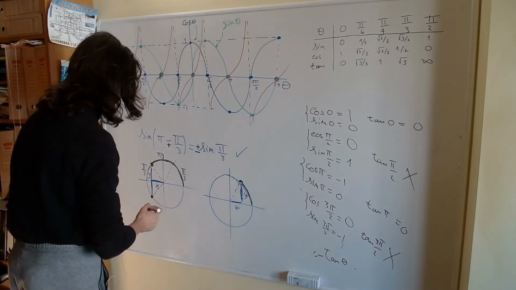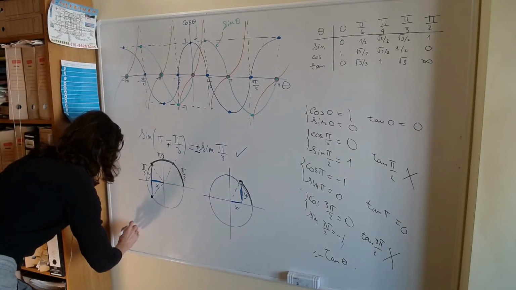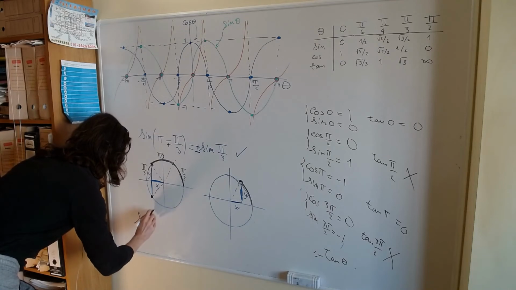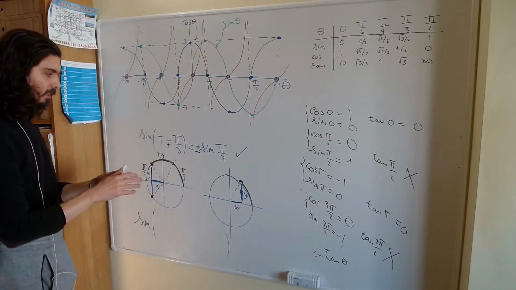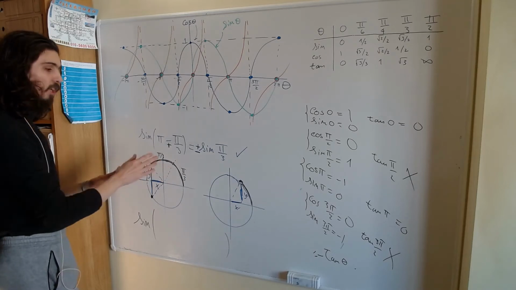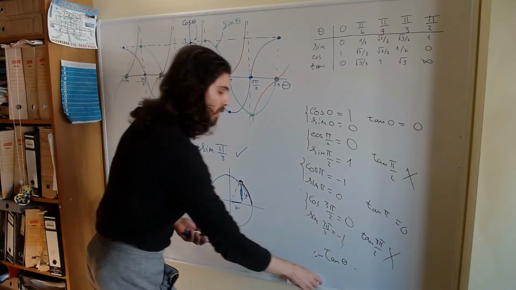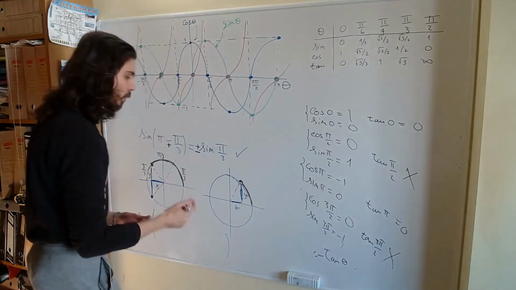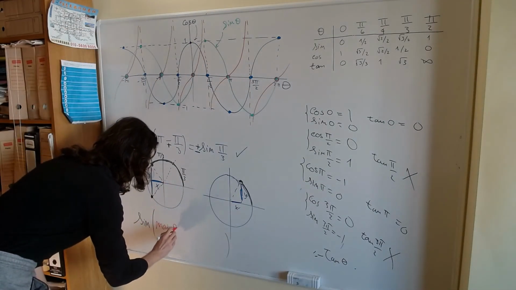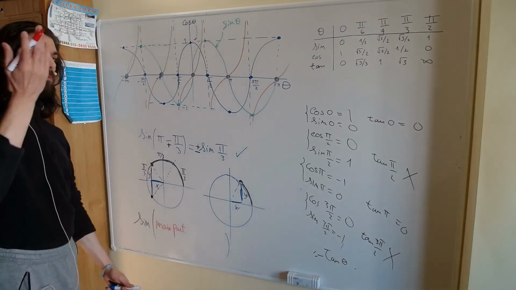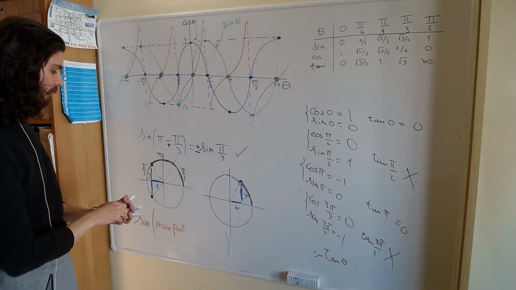Let's do it like this. If you have the sine, you see, the idea is this. The angles that you find on the unit circle can always be decomposed into a main part plus something.